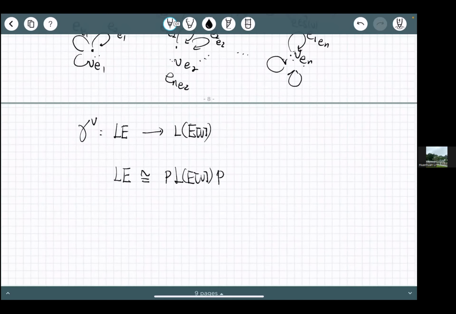I have not considered that yet. I don't know. Okay, so that's the next question. What if this happens to be true, then when P is full, this is an isomorphism as algebra.